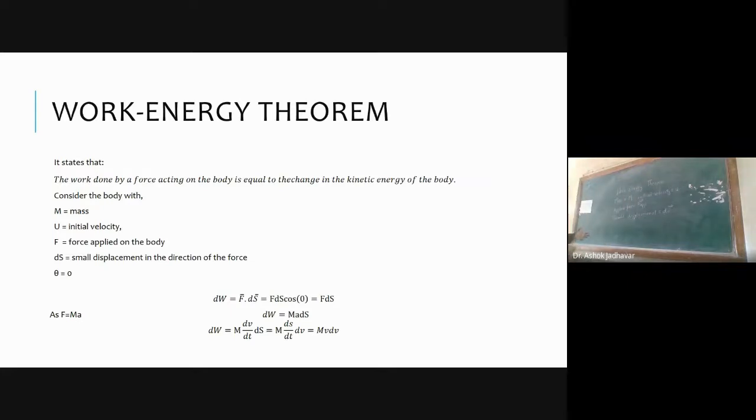So we have initial velocity u, the mass of the object is m, and I have applied some force on that object. Then I have observed that there is a very small displacement ds. This ds is in the direction of force.